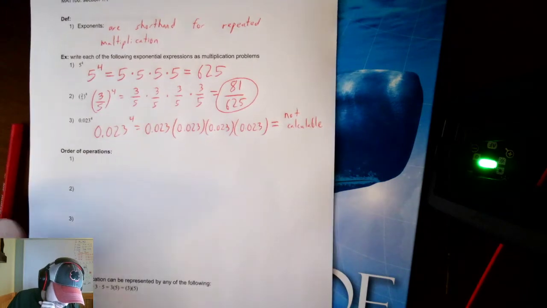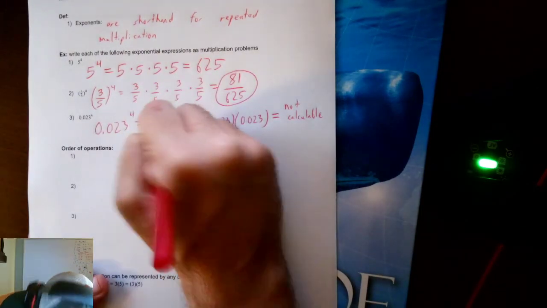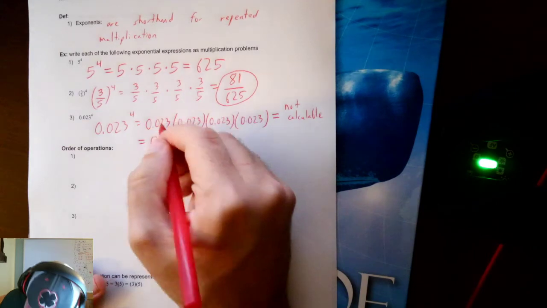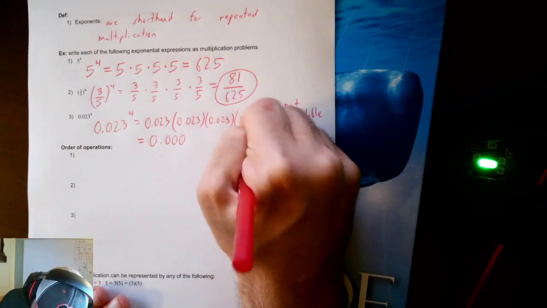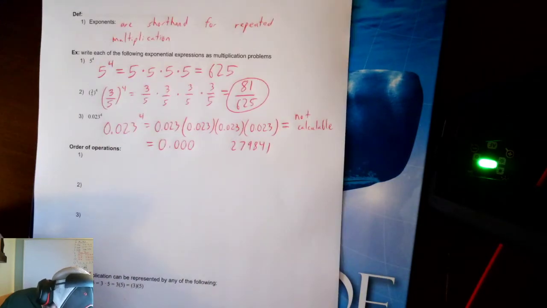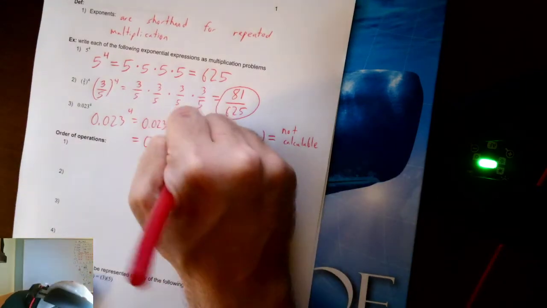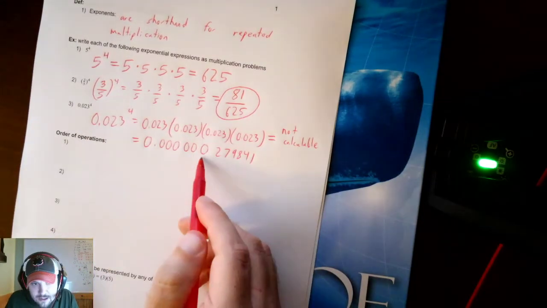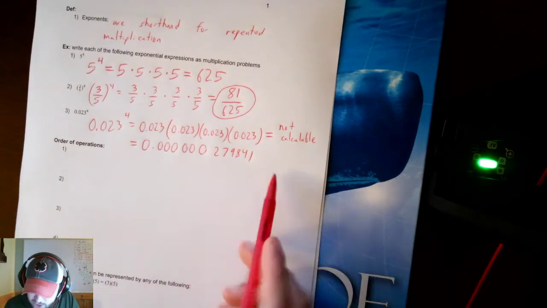Now, what is the actual answer? Well, if we actually were able to calculate it out, it would be 6 zeros and then 279841 would be the actual answer.